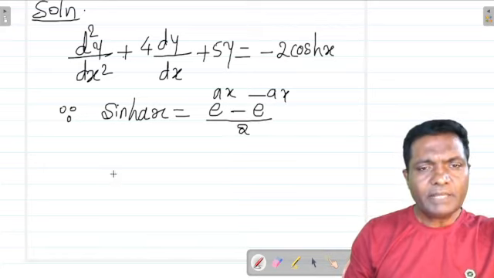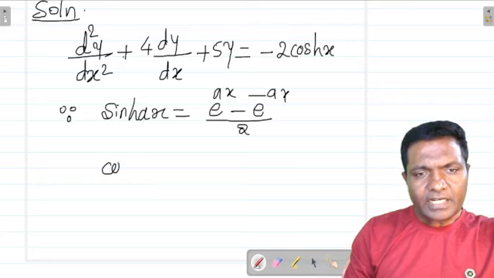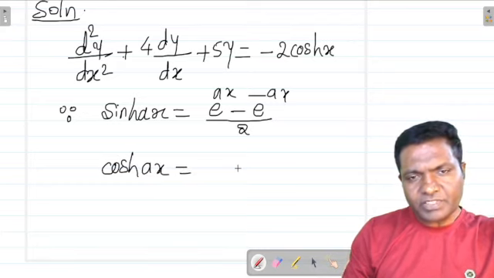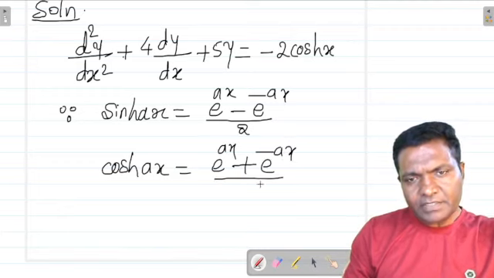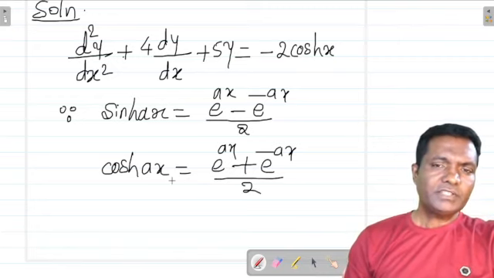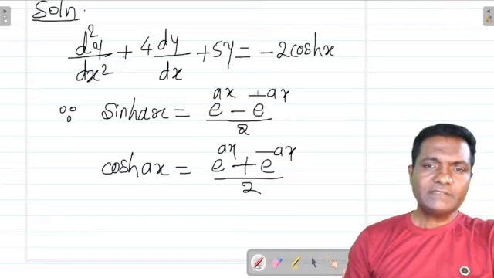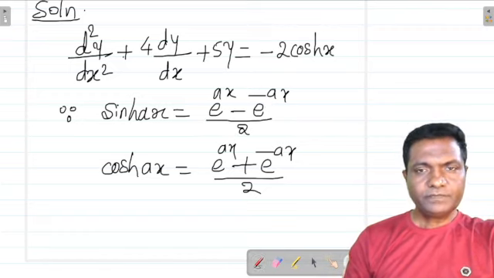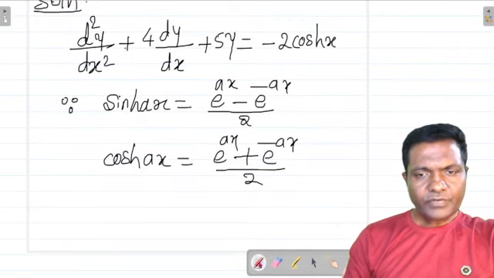This is for sine hyperbolic ax, and for cos hyperbolic ax, these are the two special functions, it's e power ax plus e power minus ax by 2. So do remember these two hyperbolic functions. If it is tan hyperbolic ax, then sine divided by cos as usual.